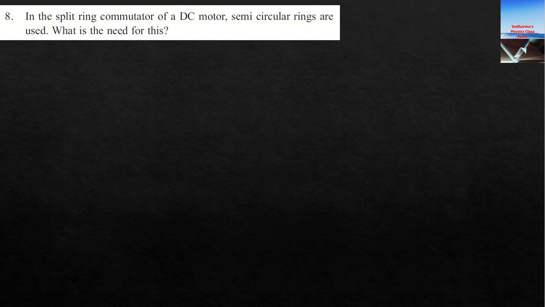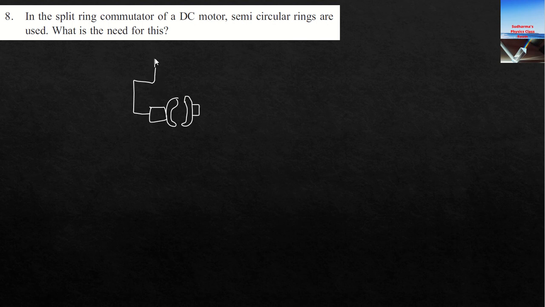In the split ring commutator of a DC motor, semicircular rings are used. What is the need for this? So what is a commutator? We have seen the brush, and this is how the commutator is connected, and we have this rectangular coil.